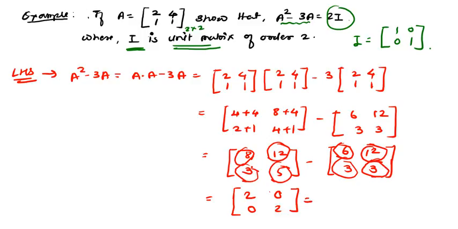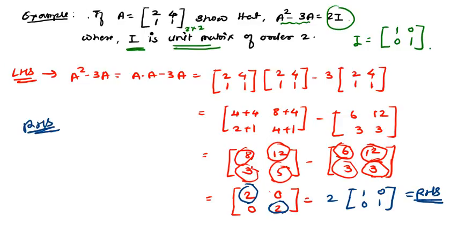Now if I take this 2 out from the matrix, this will be 2 times [1 0; 0 1]. And that is nothing but our RHS. Because what is RHS? RHS is 2 into I, 2 into [1 0; 0 1]. This is our RHS and hence the proof.